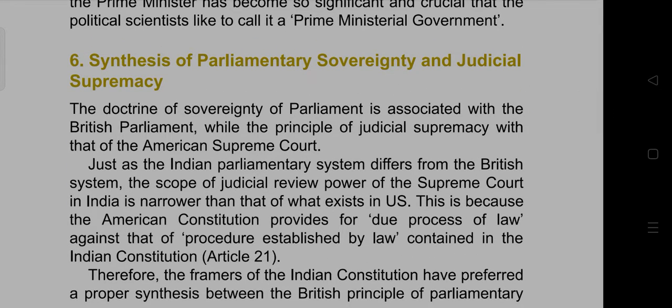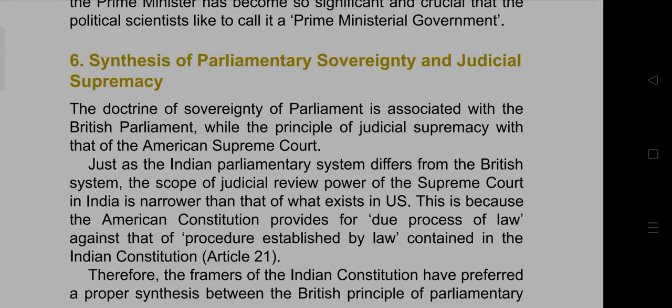Sixth, synthesis of parliamentary sovereignty and judicial supremacy. The doctrine of sovereignty of the parliament is associated with the British Parliament, while the principle of judicial supremacy is associated with the American Supreme Court.